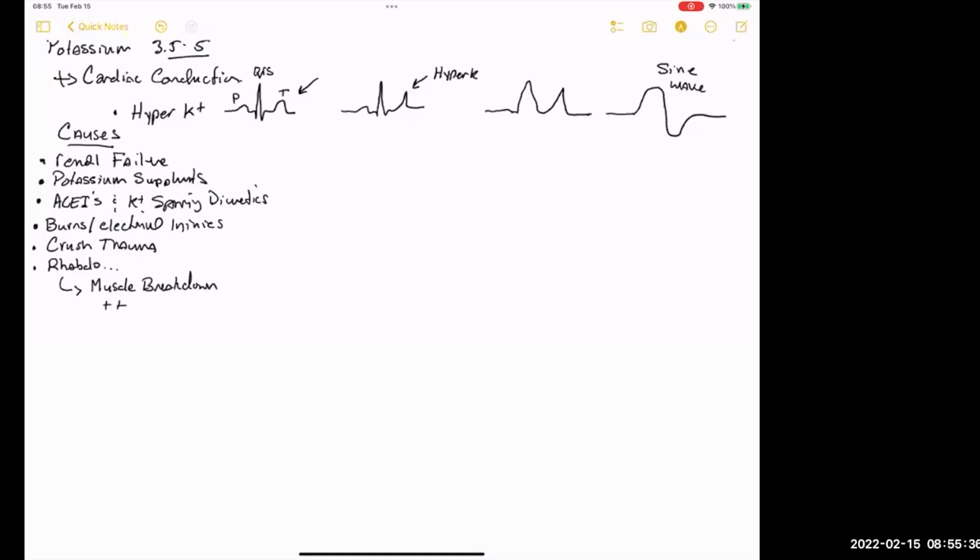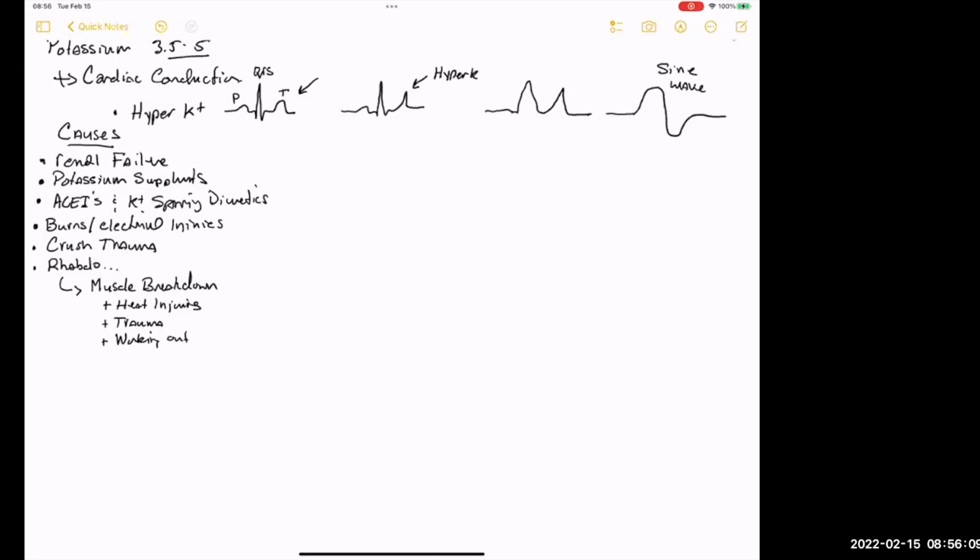Right, so heat injuries, for example, can cause it. Heat stroke, hypothermia, for example. Trauma can cause it. Excessive strength training, working out, excessive physical activity can cause it as well.